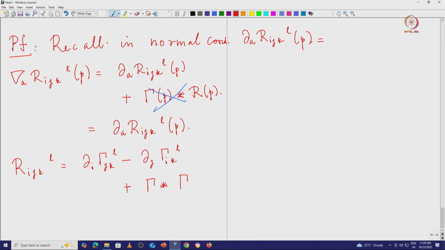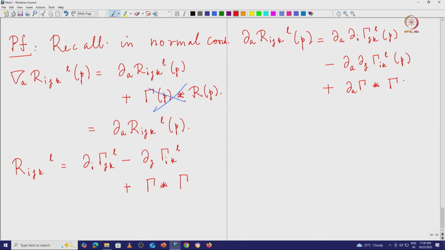So at P, of course that's going to be del_A del_I of gamma_{jkL} at P minus del_A del_J of gamma_{IkL} at P, plus quadratic terms. So by product rule when you take a derivative you hit the derivative on the Christoffel symbols times some other terms involving the Christoffel symbols, right?